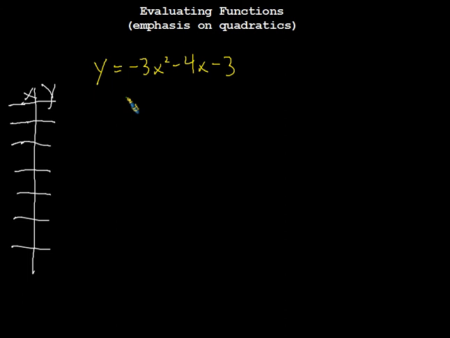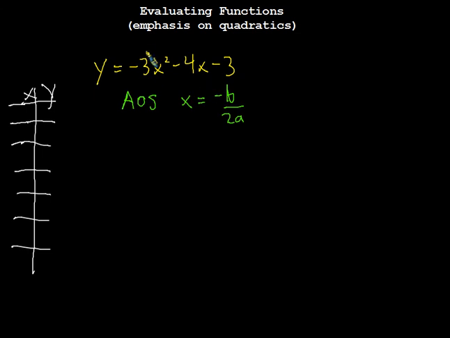Let's see here. So the first thing we need to do is we need to find the axis of symmetry. And the way that we do that is we find the vertical line that will have the equation x equals some number. And we can figure out that number by using the formula x equals -b over 2a. Now again, I'm hoping that you can remember how to find b and a. If you can't, I'm about to show you.